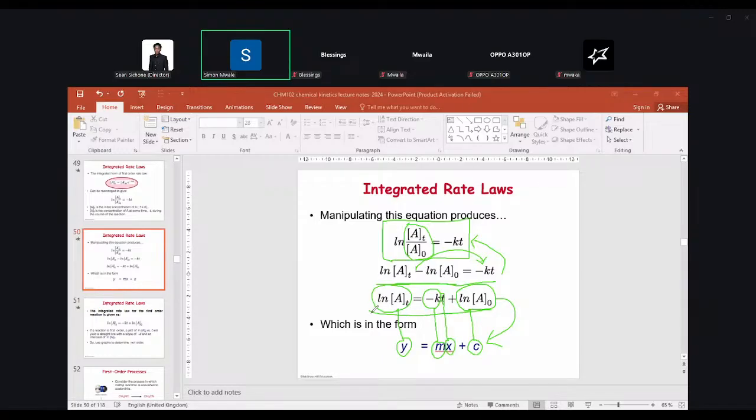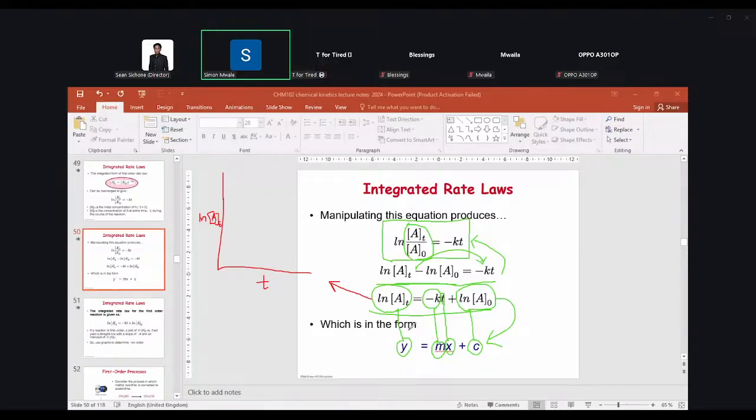If I plot a graph from here, where I know my Y, which is natural log of A at time t, against my X value here, which is time.